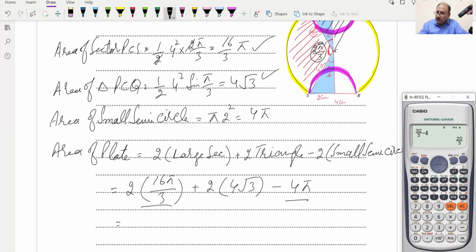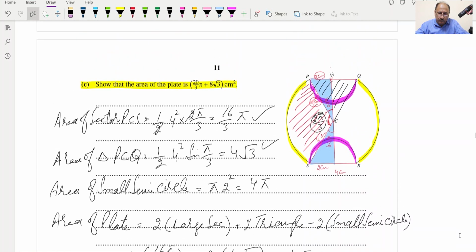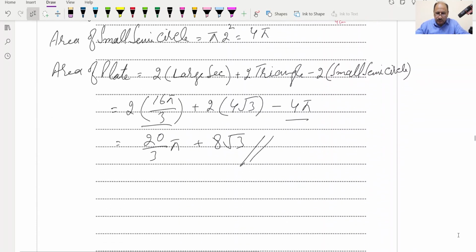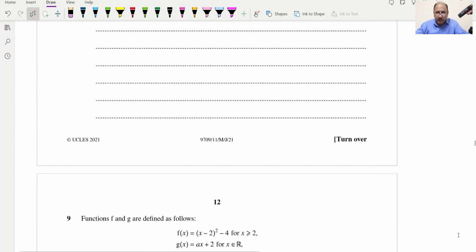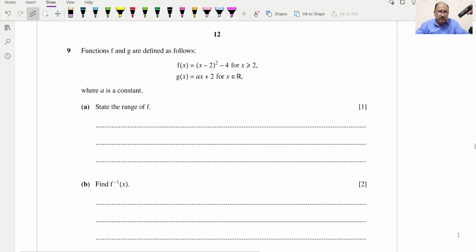So it will be 20 over 3 pi, plus 8 under root 3, and this is the format we needed to prove: 20 over 3 pi plus 8 under root 3, which is the same answer as required. Hopefully you understood this. Now question number 9.